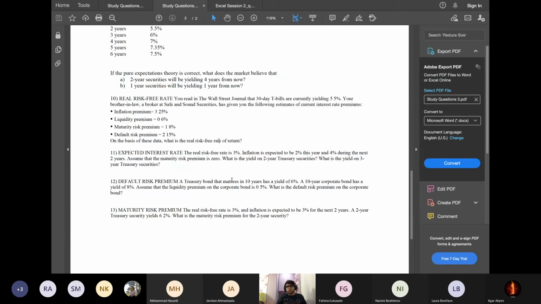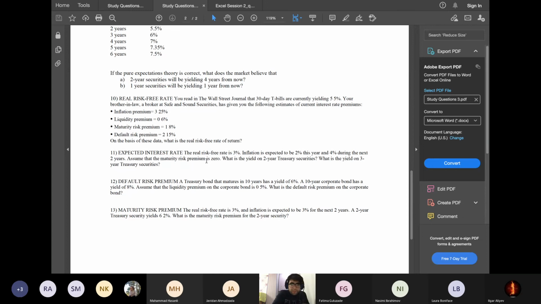They are government securities, and if they don't have maturity risk premium, it means they are short term. Also 2 years and 3 years are not considered actually long term. So short term government securities, as we said, should have risk-free rate and only inflation. No liquidity, no maturity, and no default.